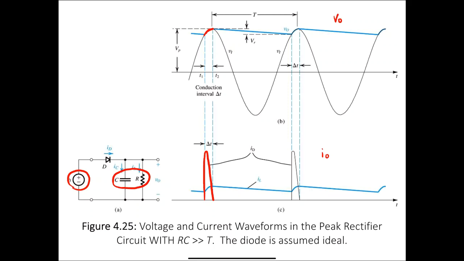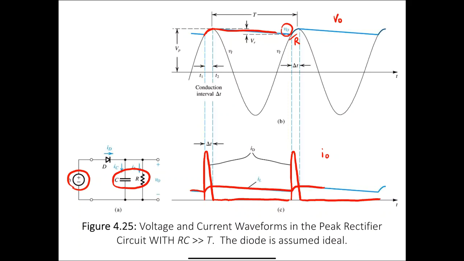This is the current across the diode. There is no current across the diode during the discharging interval because during the discharging interval the diode is open circuited. Now the current across the load is going to be simply equal to VO divided by R. And so you can see the shape of this very closely resembles the shape of this up above.